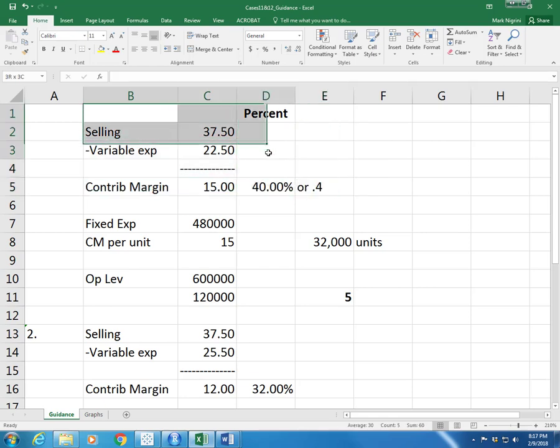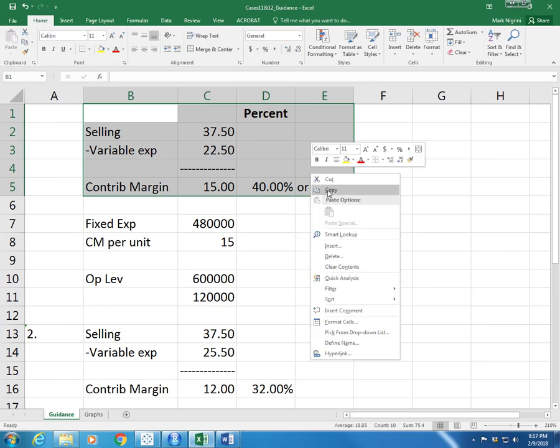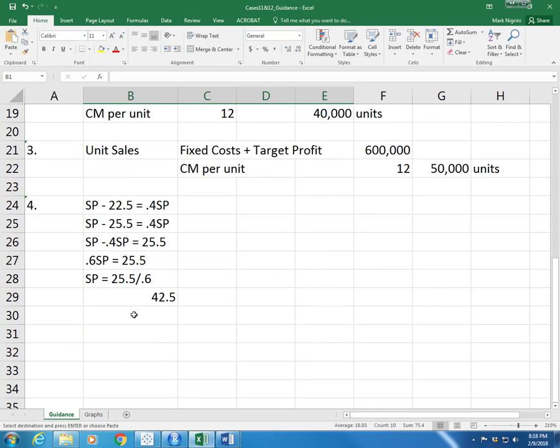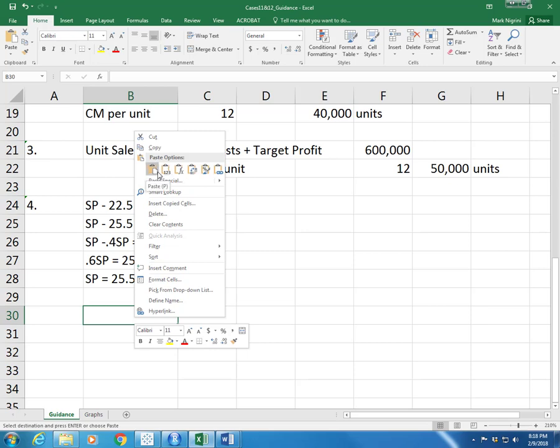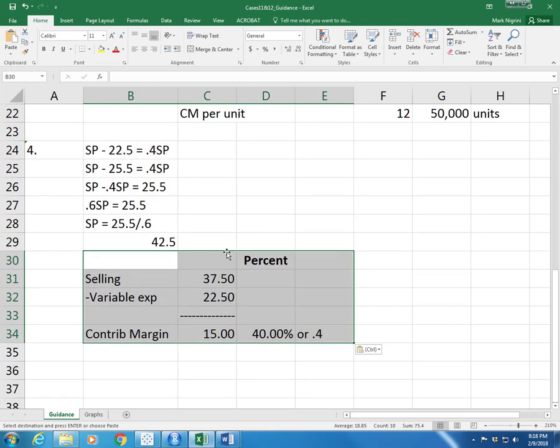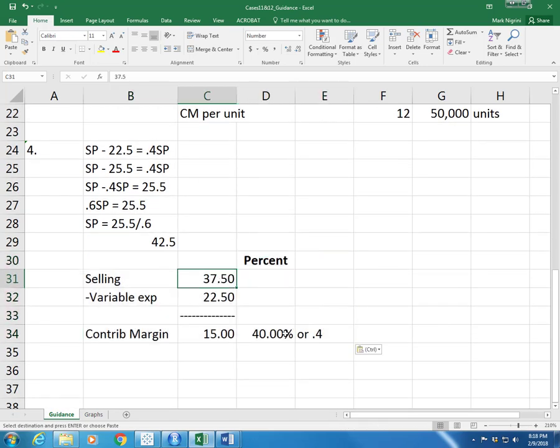Actually, we can copy all of this here. We'll do copy. And I'm just going to do a little check over here. There we go. Selling price 42.5 minus variable costs no longer 22.5 but 25.5. New contribution margin 17, which is indeed 40% or 0.4. So number 4, a little algebra, but we should be good.